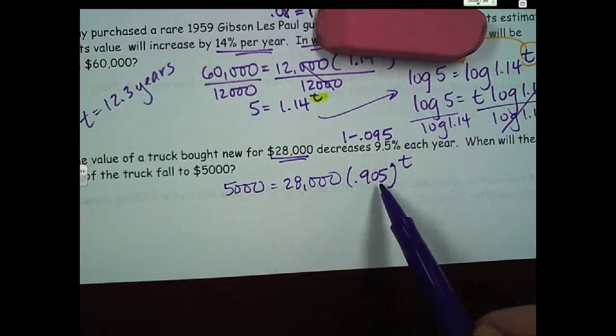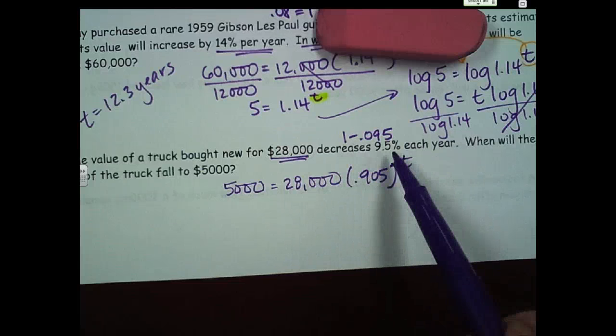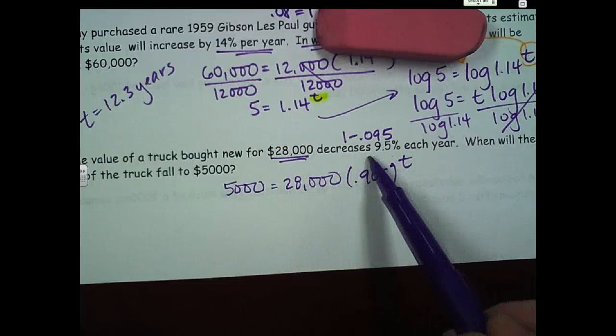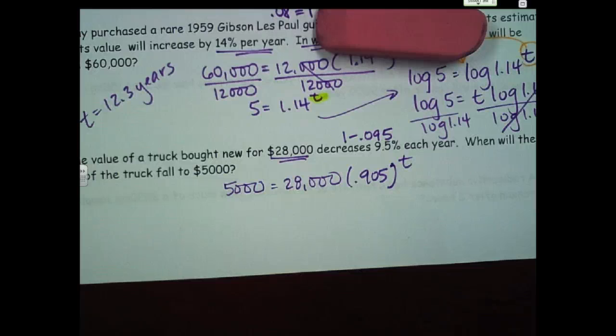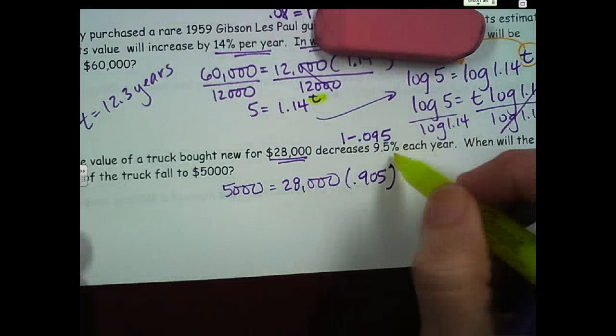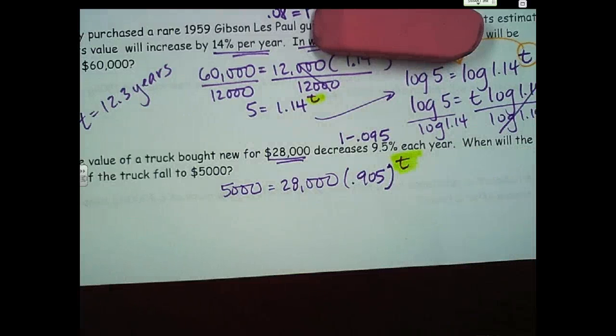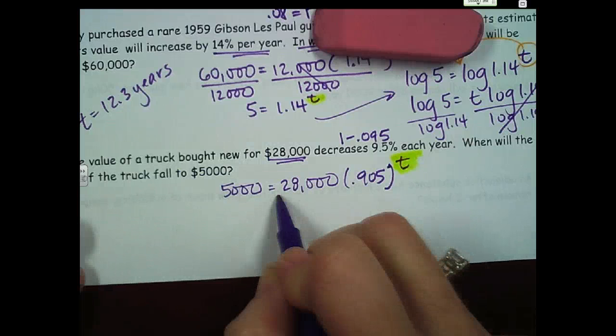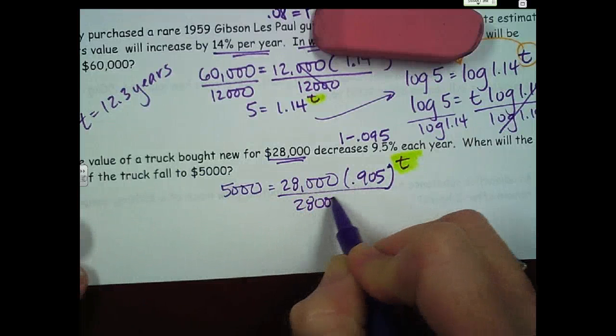So here it's supposed to be 1 plus the rate or 1 minus the rate. So 1 minus 0.095, you have to move the decimal 2 places. I'll give you 0.905. So to solve for time, it is an exponent. That means we're going to use a log. So first, let's divide both sides by your 28,000.